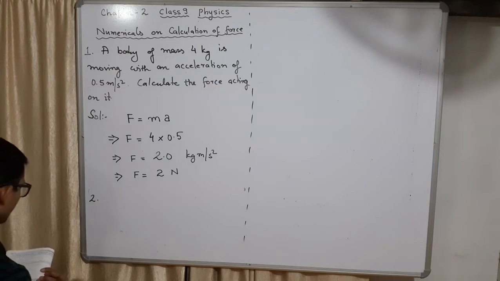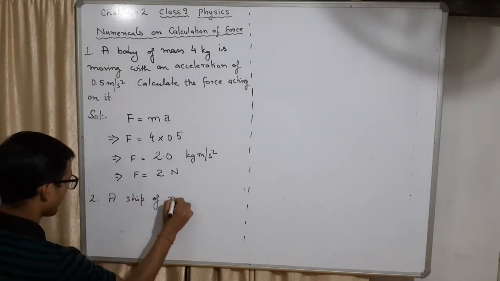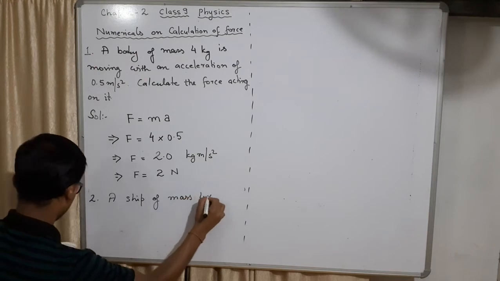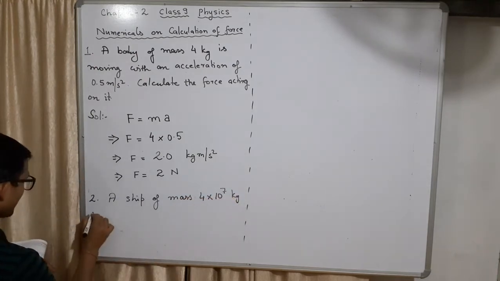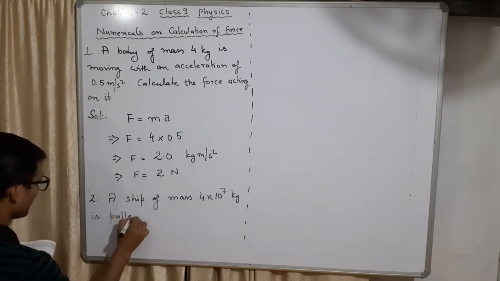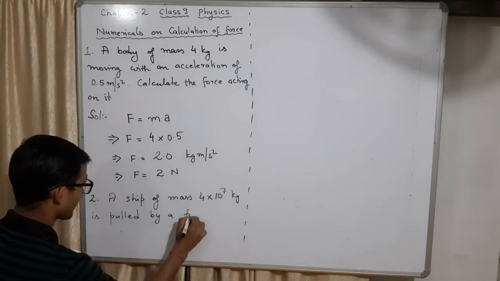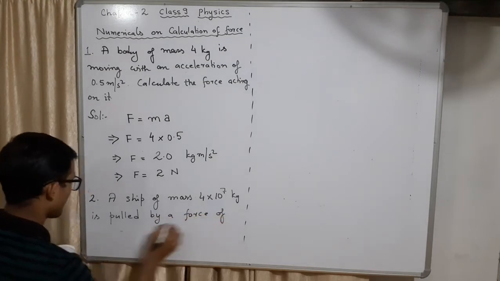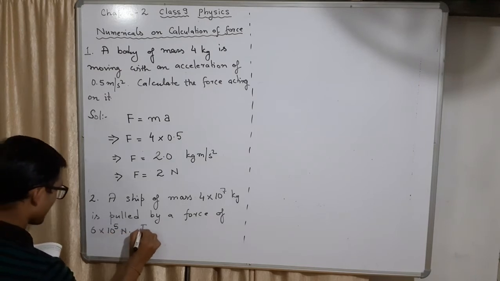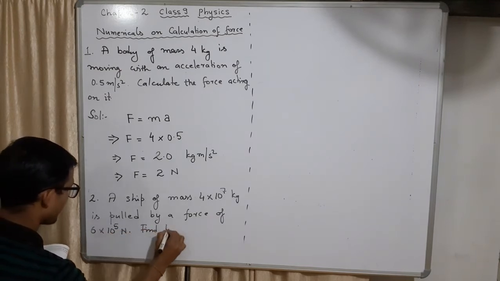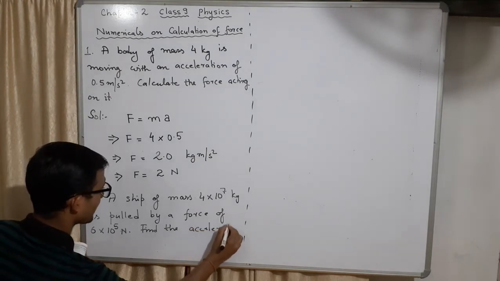Another question here. A ship of mass 4 into 10 to power 7 kg is pulled, meaning force applied, by a force of 6 into 10 to the power 5 Newton. Find the acceleration.